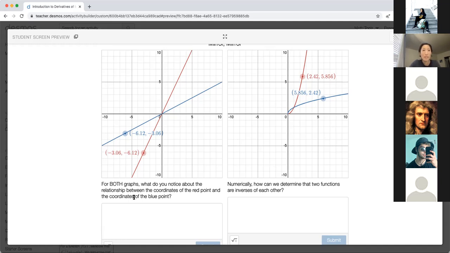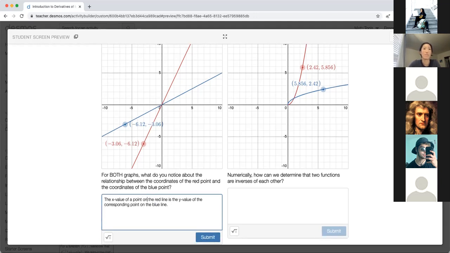Okay, so let's see. I think looking at all of the contributions we have so far, maybe it's fair to say that the X value of a point on the red line is the Y value of the corresponding point on the blue line, okay?